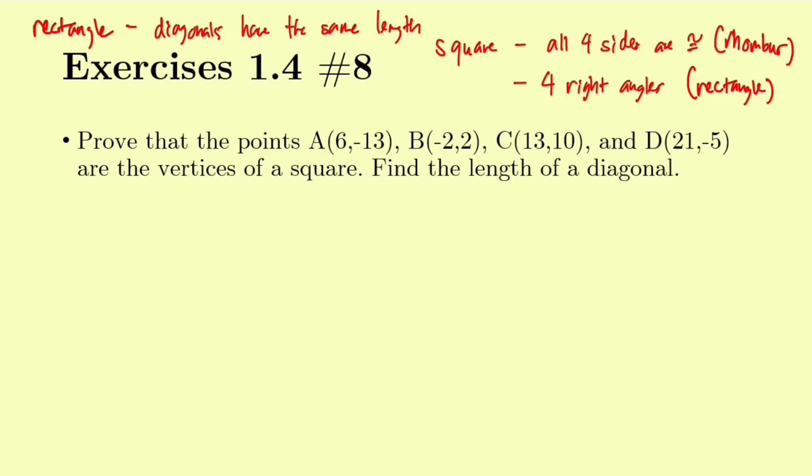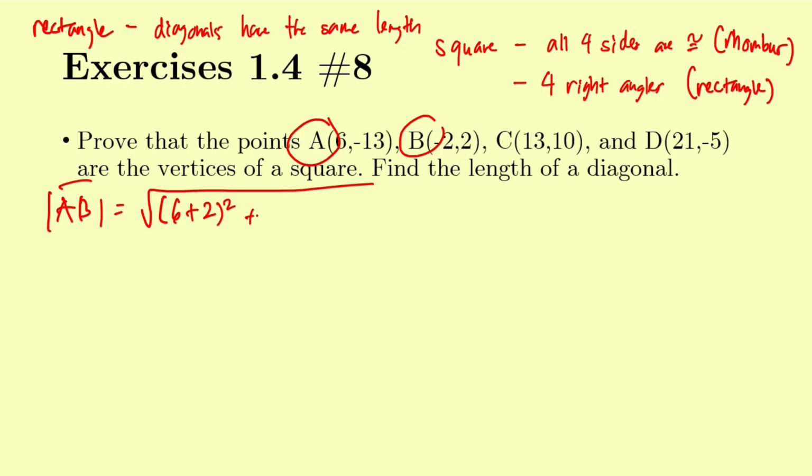Okay, now let's start. Let us begin with the first side, A and B. To find the length of AB, we will use the distance formula. So 6 plus 2 squared plus negative 13 minus 2 squared. That is equal to square root of 8 squared plus negative 15 squared.